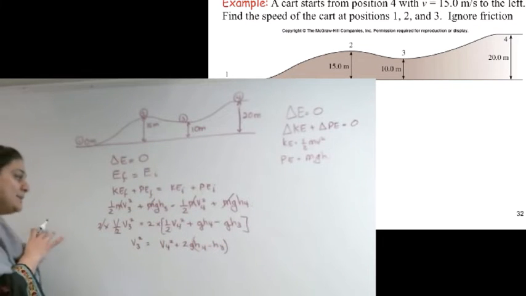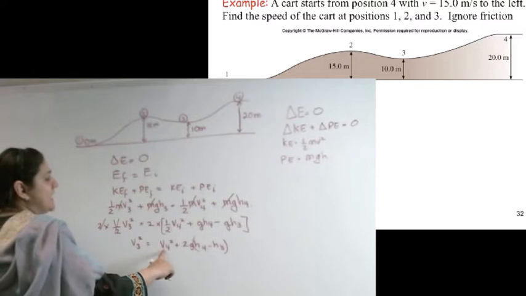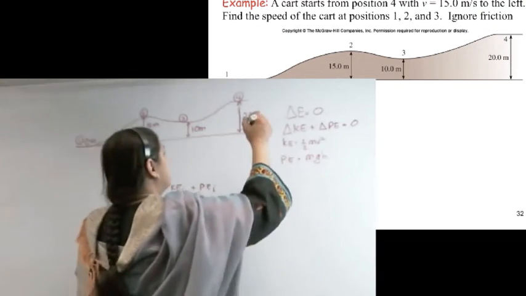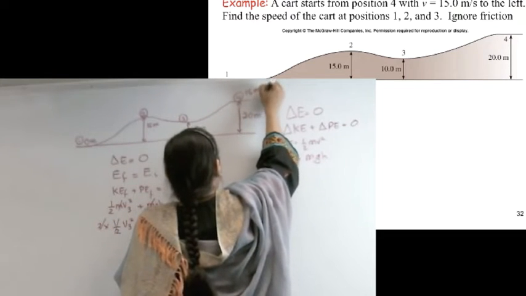Notice I did a couple of steps in here that you should probably be writing down while you're doing this by yourself. So what was the velocity at point 4? The example tells me that it was 15 meters per second.